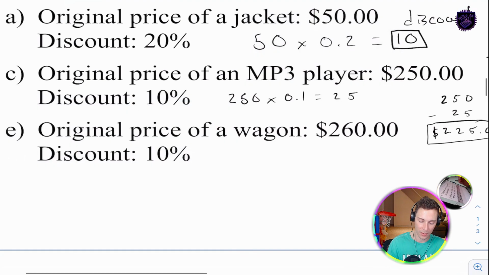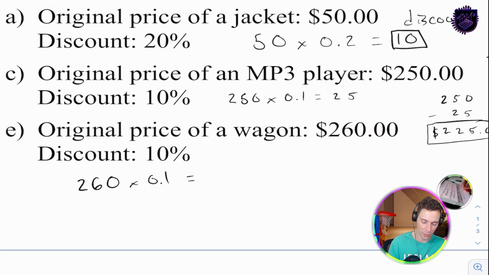6E. Nice easy discount again. 10%. We'll go 260 times 0.1 is equal to 26. And then that's our discount, $26 off of the wagon. It's an expensive wagon.